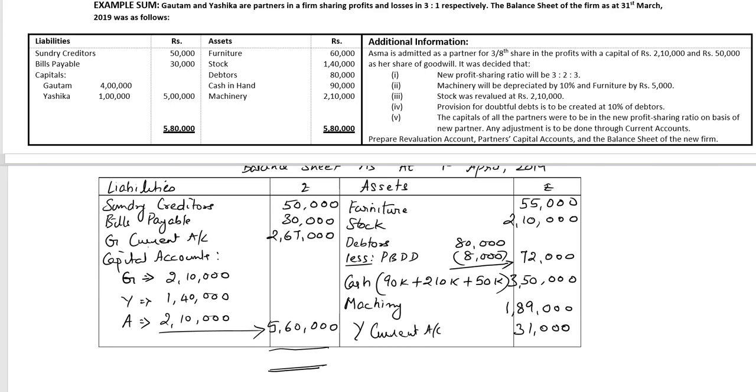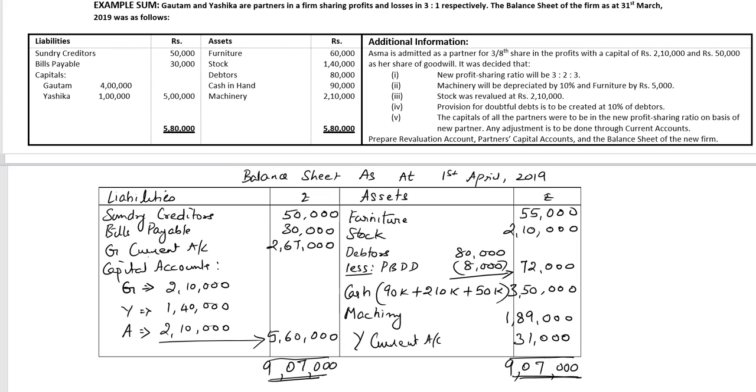Let's check if the balance sheet tallies. 9,07,000 rupees liability side total. Asset side also totals to 9,07,000 rupees. So this is the balance sheet prepared by us.